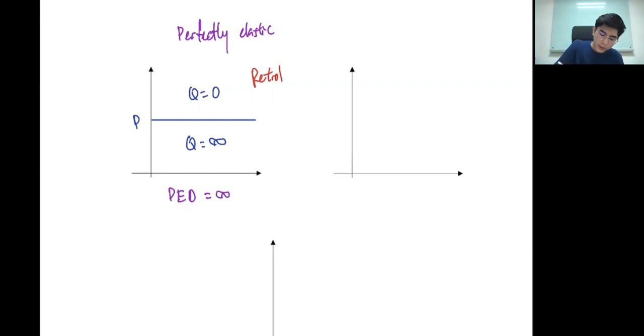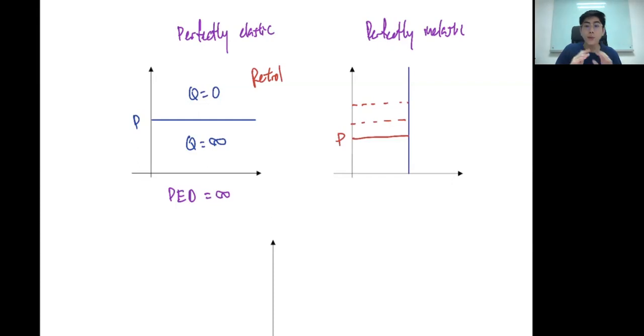And another one will be the perfectly inelastic. So perfectly inelastic is all the way straight. It's like a straight line here, all the way straight. Which means that whenever the price increases or decreases, there will be no change, as you can see here, no change in your quantity demanded.